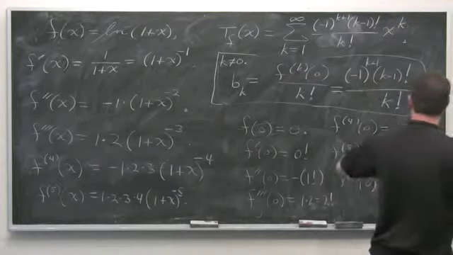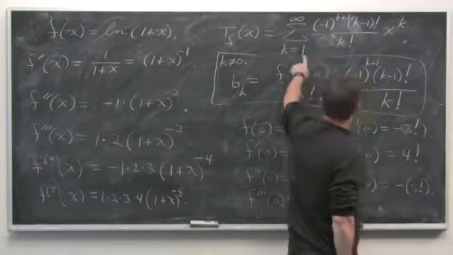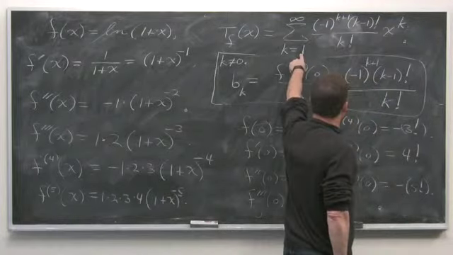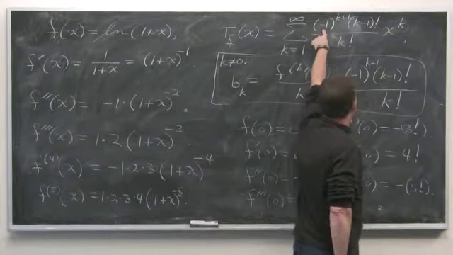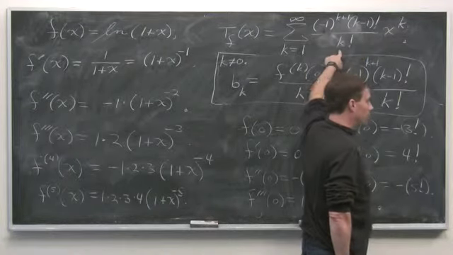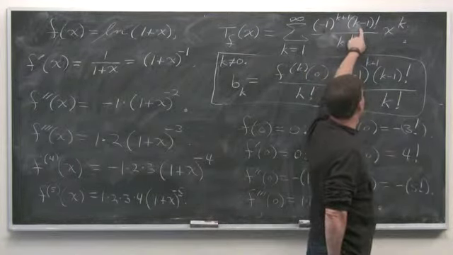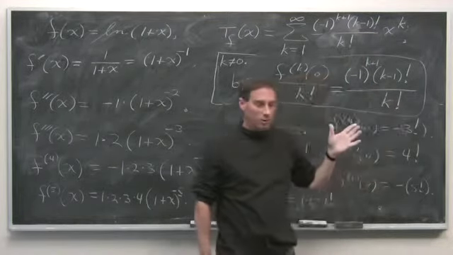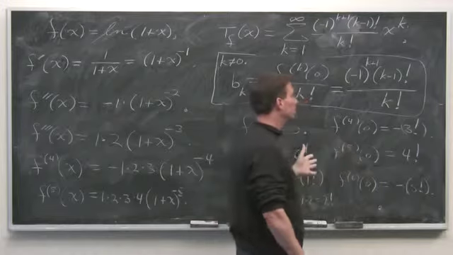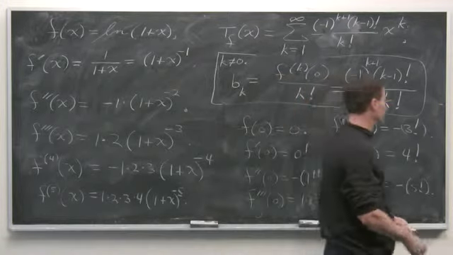Now, this isn't what I wrote over there. I started at 1, that's true. Before, we had the minus 1 to the k plus 1. We had x to the k, but in the denominator, we didn't have this k minus 1 factorial in the numerator. And in the denominator, we didn't have a k factorial, we just had a k. So what's going on?